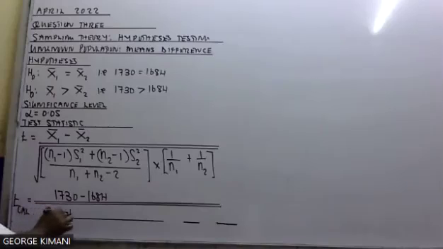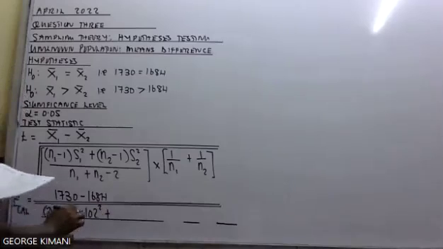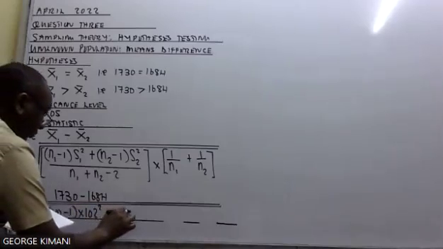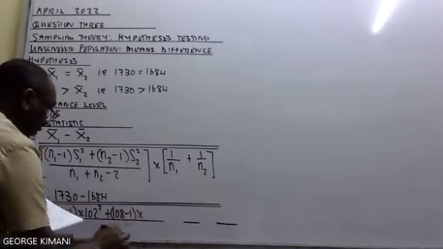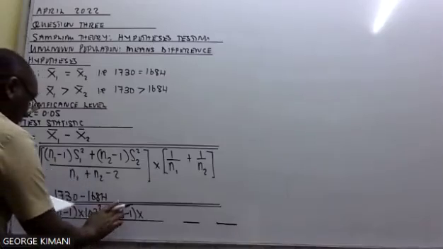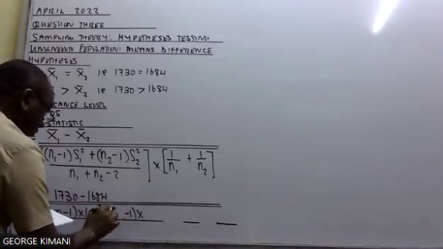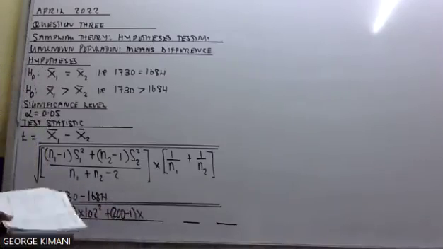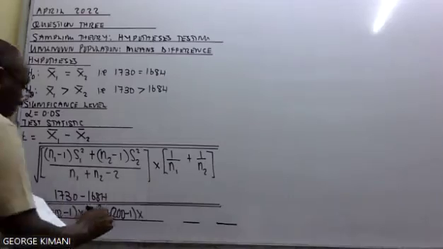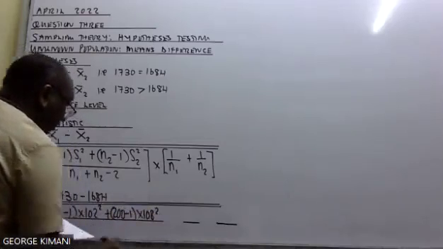So 200 minus 1 multiplied by standard deviation 102 squared, plus 200 minus 1, you multiply by 108 squared.